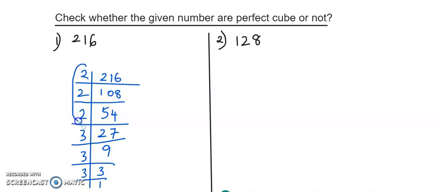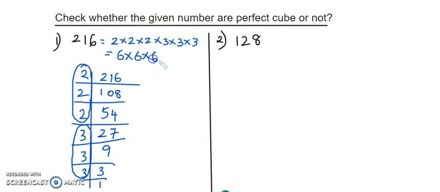So are we getting here factor 2 which is multiplied 3 times and factor 3 multiplied to itself 3 times? So we are getting 2 multiplied by 2 multiplied by 2 and 3 multiplied by 3 multiplied by 3. So indirectly if I make a pair, 2 with 3 is 6, 2 with 3 is 6 and 2 with 3 is 6. So I'm getting a 6 cube. So it is a perfect cube, right?